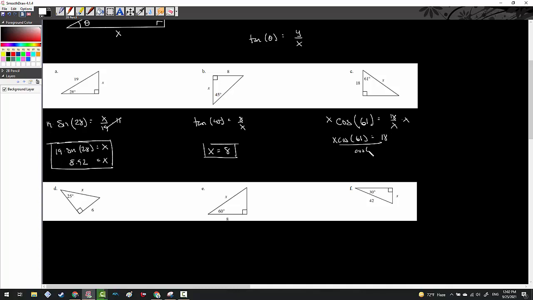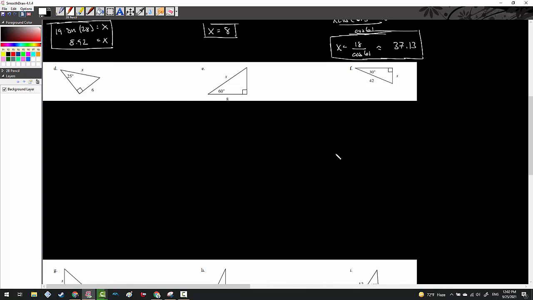Divide both sides by cosine of 61, and x is equal to 18 over cosine 61, or approximately 37.13 units. So again, this is all about identifying the side relationship with the angle in question.